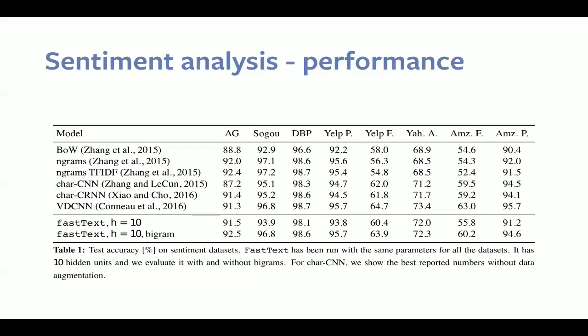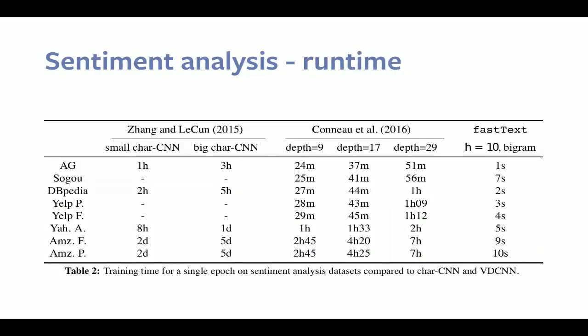The interesting thing is that if we use bigrams and a hidden of 10 dimensions, we actually get performance which is on par with the state-of-the-art. The most important part of it is that we don't need 5 days to train it. We train it in 10 seconds. So you do lose some accuracy in some applications, but you do it in 10 seconds, okay?